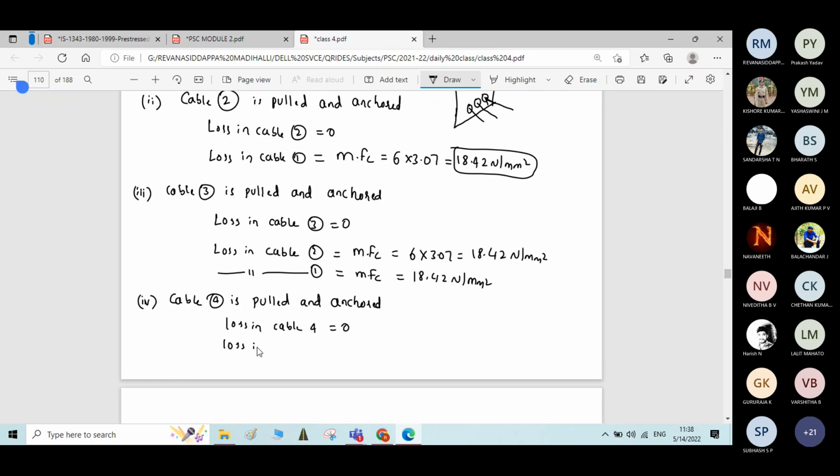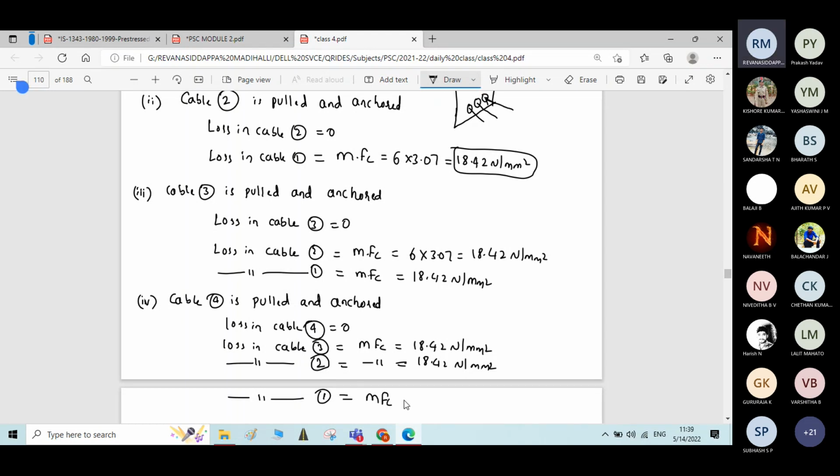Loss in cable 3 is equal to m into Fc, that is 18.42 Newton per mm square, and loss in cable 2 is also the same value, 18.42 Newton per mm square, and loss in cable 1 is equal to m into Fc, that is 18.42 Newton per mm square.